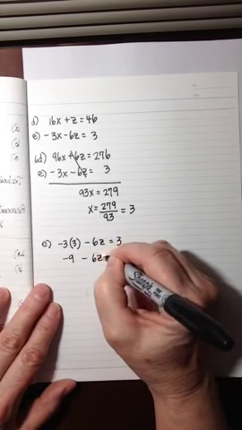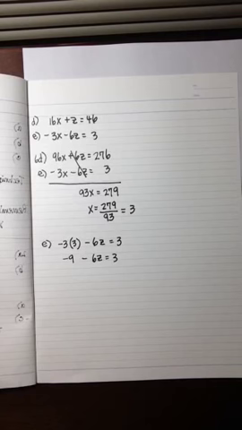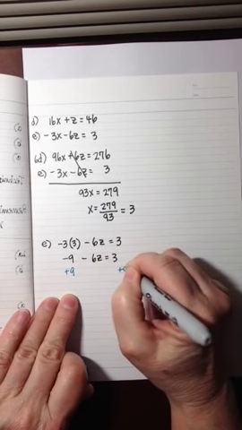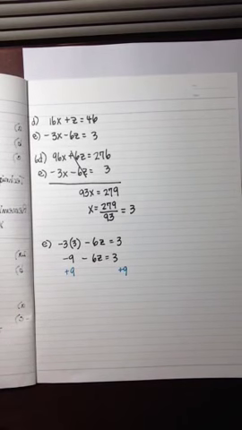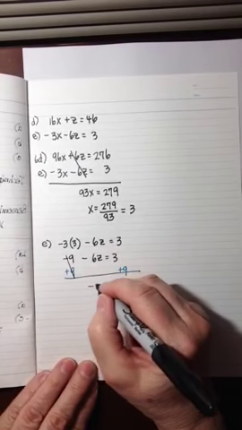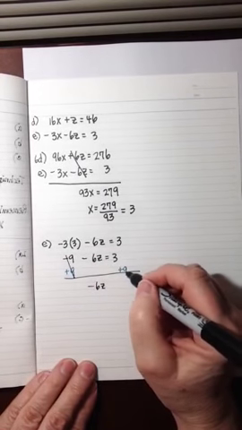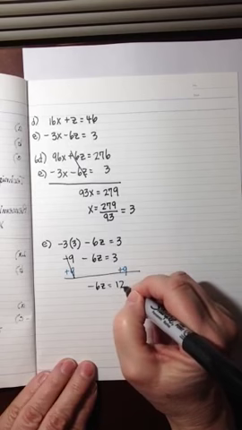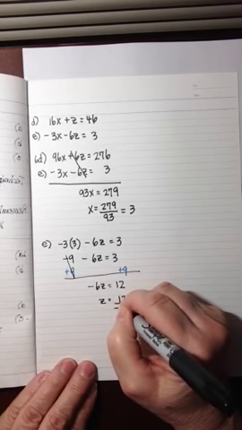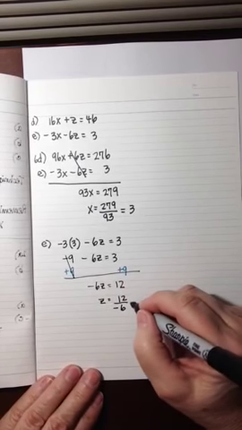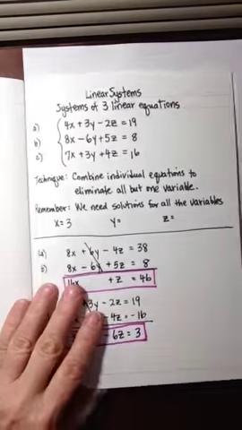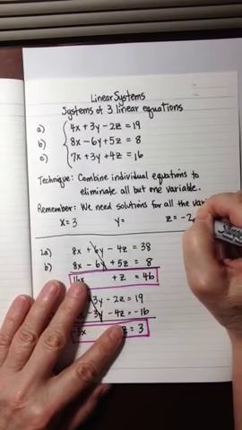And if I add 9 to both sides of the equation, then we have isolated z. 9 goes away. Minus 6z equals 3 plus 9 is 12. And here's an equation that you can immediately see how to reduce. 12 divided by minus 6 is minus 2. So we have our second value, z is minus 2.